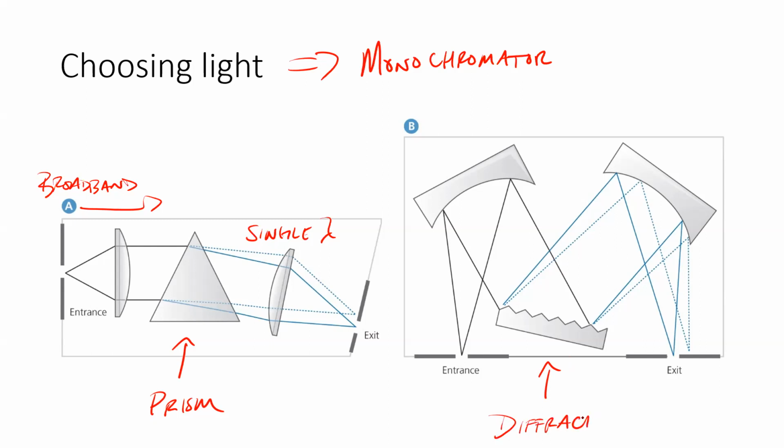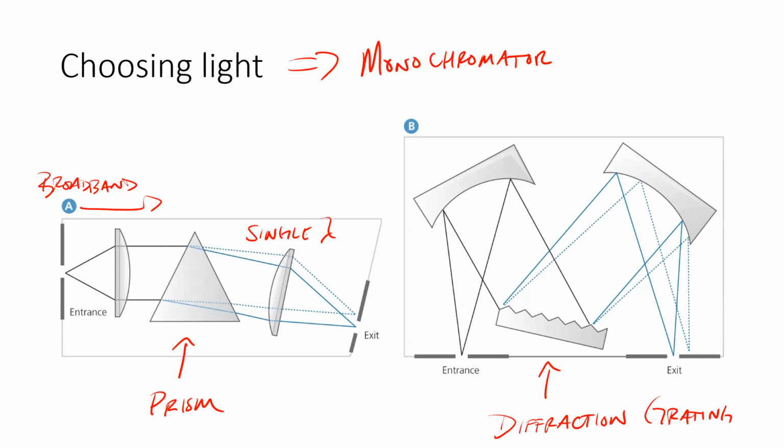Here's where that diffraction comes in. Diffraction, I think of as sort of a combination of reflection and refraction, because with diffraction, it doesn't go through the material, it comes back out of it. Right?